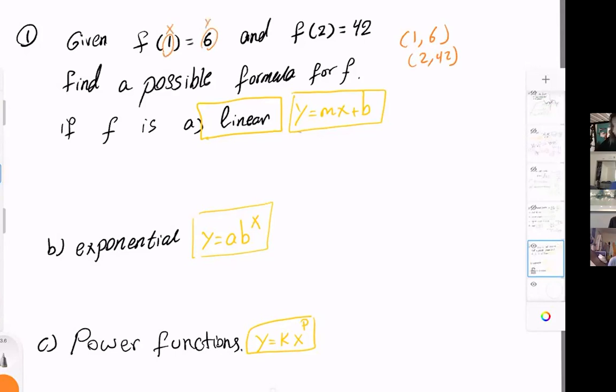In order to come up with the equation of a line, we need to find m and b. We learned m is y2 minus y1 over x2 minus x1. So m will be 42 minus 6 divided by 2 minus 1. 42 minus 6 is 36.